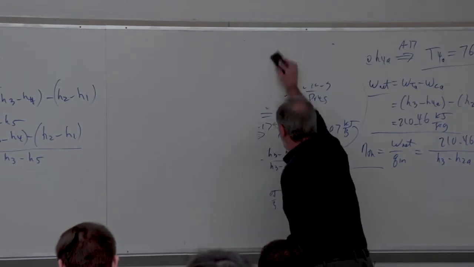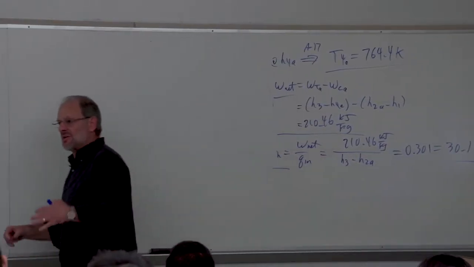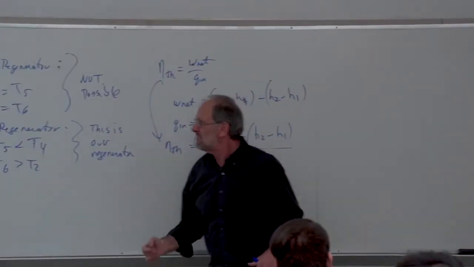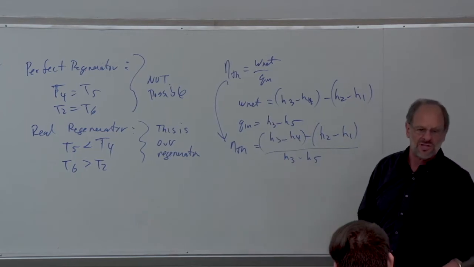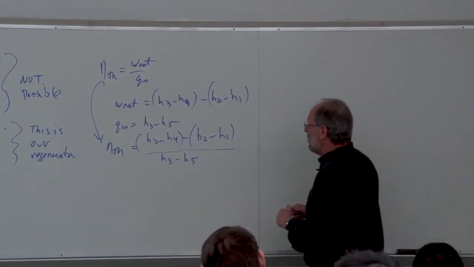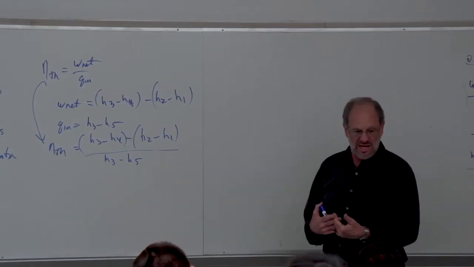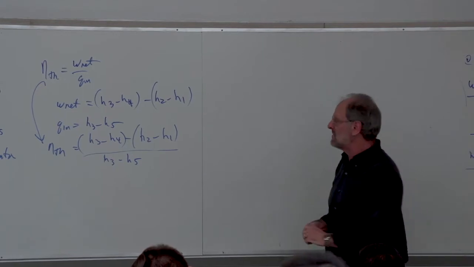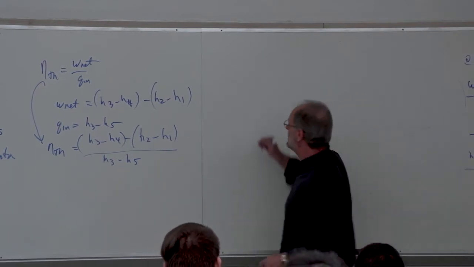So we don't have the background to really talk about heat transfer and determine the relationship between the effectiveness of the regenerator and the actual temperature changes or enthalpy changes. So we have to be given that data. So we can't find our conditions at point 5 unless we have some information from heat transfer. And that information is going to be given to us as what's called the regenerator effectiveness.